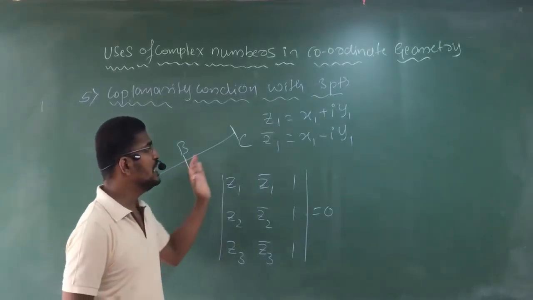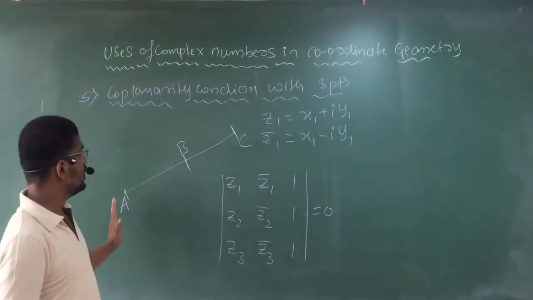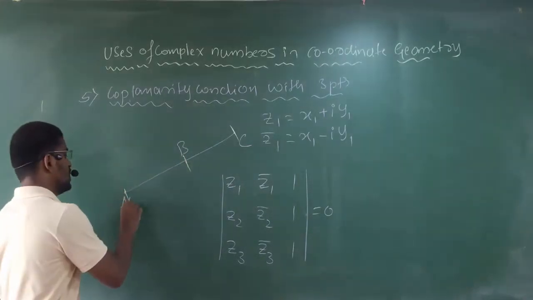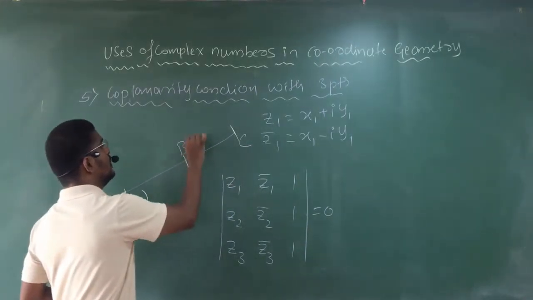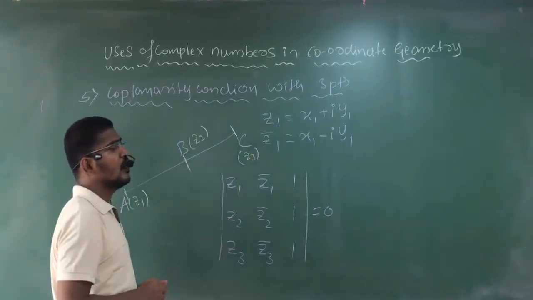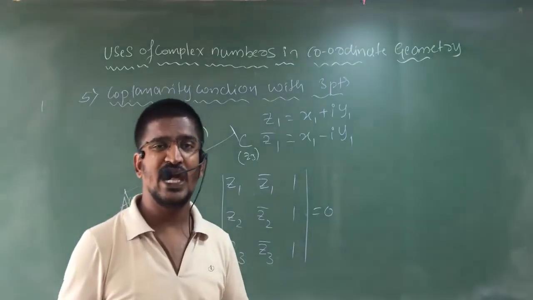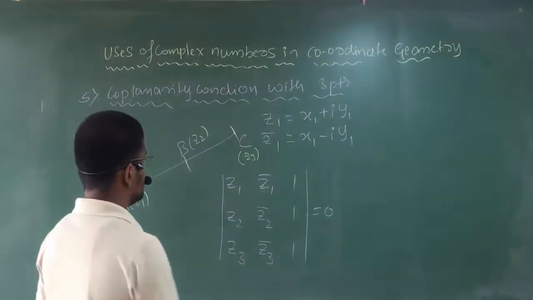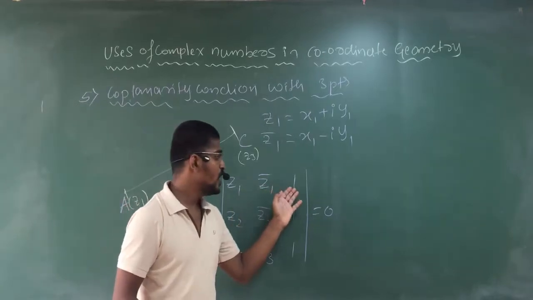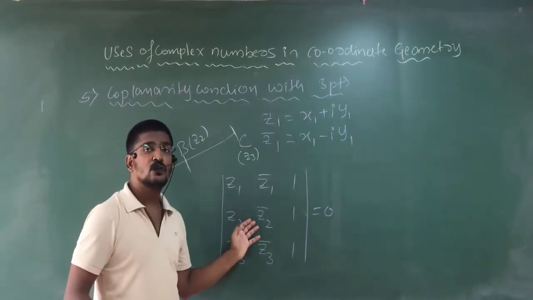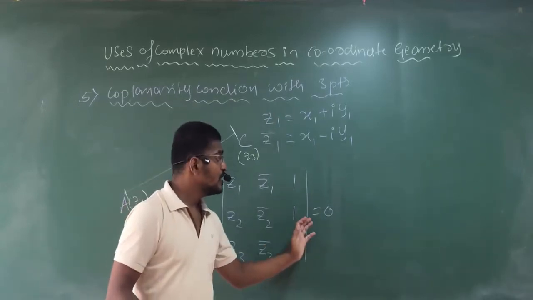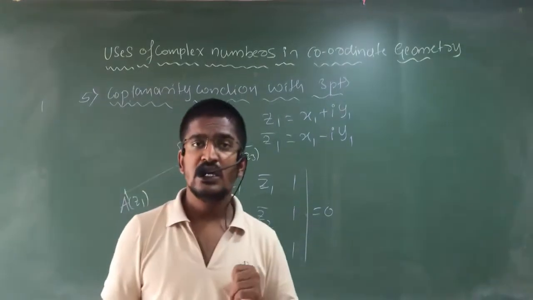Clear? So now, if I want to show that points A, B, C, that is Z1, Z2, Z3, that is, A of Z1, B of Z2, C of Z3 are going to be coplanar if the determinant of Z1, Z1 bar, 1; Z2, Z2 bar, 1; Z3, Z3 bar, 1 is equal to 0.